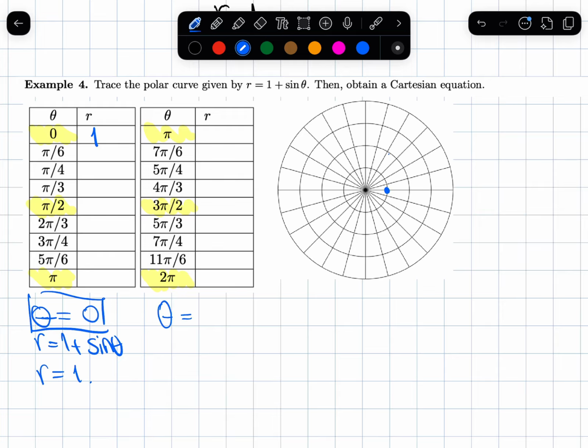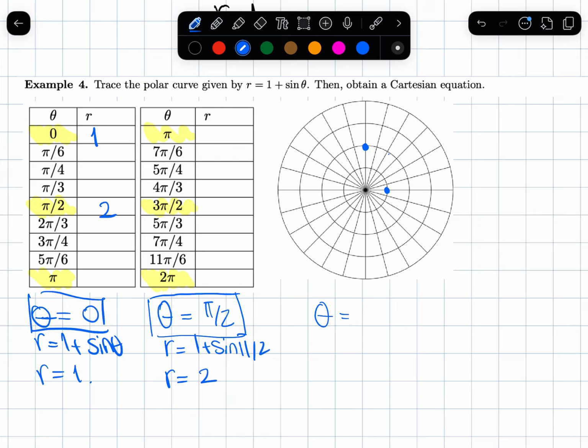When theta is pi over 2, r is 1 plus sine pi over 2. Sine pi over 2 is 1, so r is 2, excuse me. So I have 2 in this direction. This is already not looking very much like a circle. Maybe it's going to loop out this way, I don't know, but we'll see.